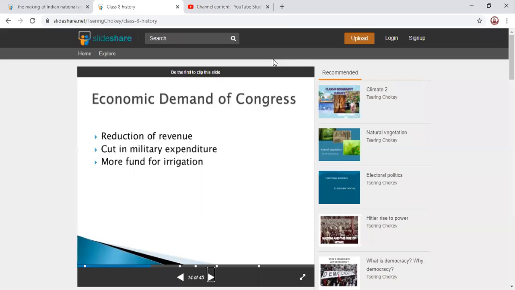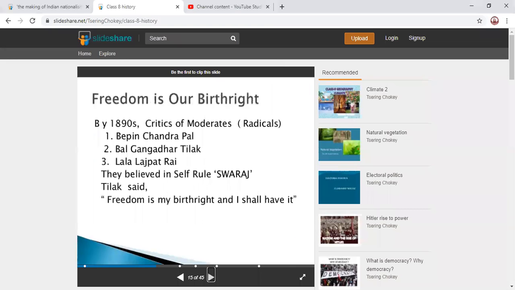They were part of the Congress, but because of their ideologies they were different from the moderates. They became radicals.